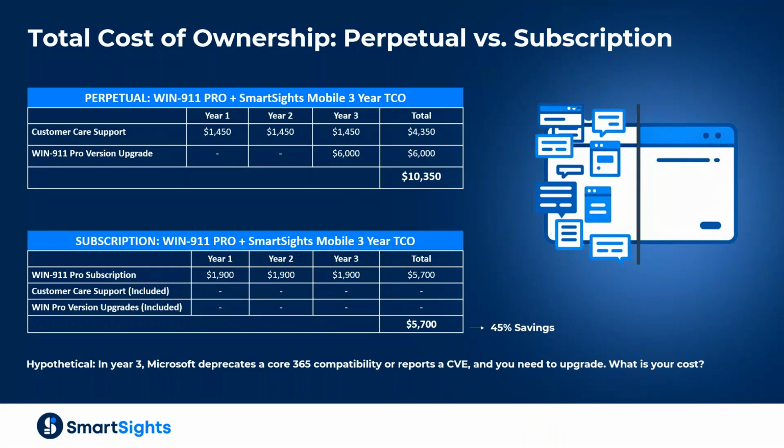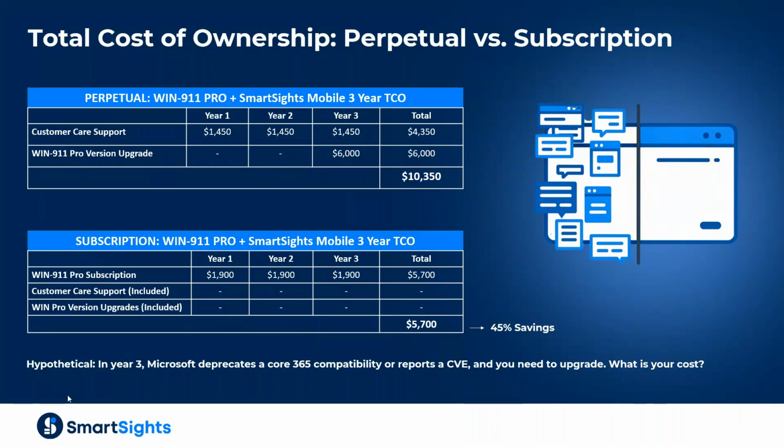For example, say in year 3, Microsoft deprecates a core integration or a CVE gets published against your version. What would be your cost if you need to upgrade? On subscription, it's zero. The upgrade's already included. On Perpetual, you're making that budget decision under pressure, on a critical system, and on someone else's timeline.